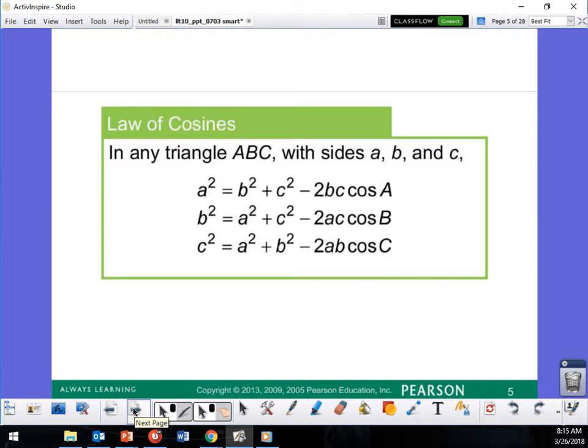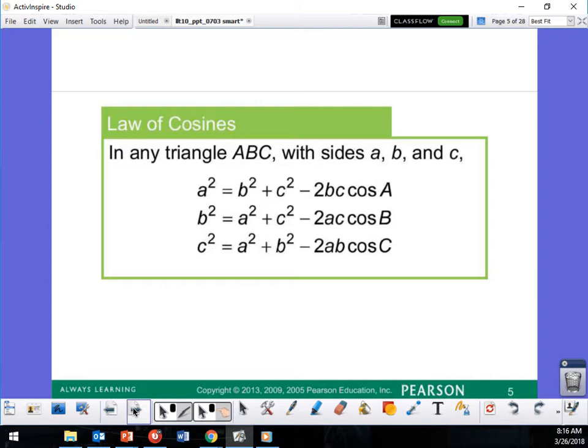Now, there's a couple things on this which I find kind of weird. It's not completely solved. It's solving for a squared, b squared, and c squared. But remember these are little letters. What does a little letter solve for? Sides, right? The capitals are my angles. So you're finding out what the square of your side is. How would you undo a square? Square root.